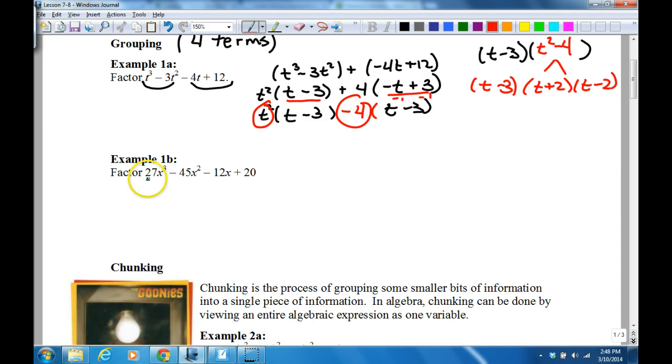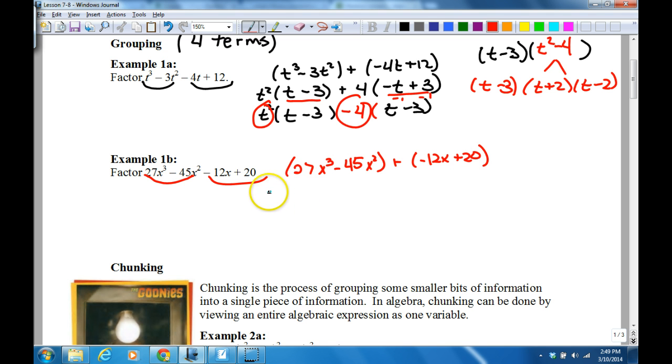Okay, so on this one, I'm going to put these 2 together and these 2 together. So it'll be 27 x to the third minus 45 x squared, and that's going to be in one group, plus negative 12x plus 20. Okay, so what can I take out of the first grouping?